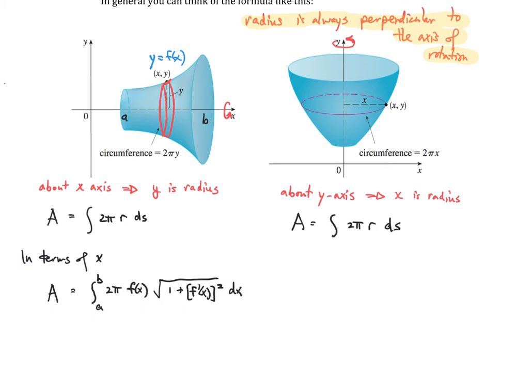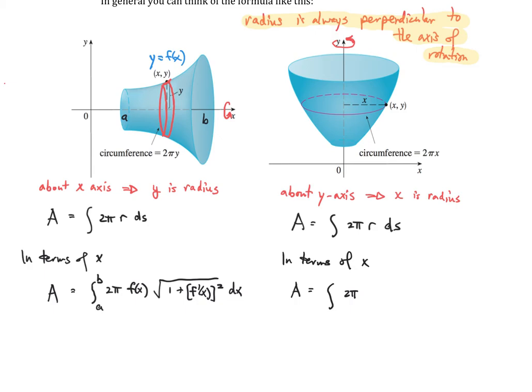What happens if we go about the y-axis, but we're still doing everything in terms of x? So then in that case, my area formula is still going to be the integral of 2 pi. This time, my radius is given by x, right?